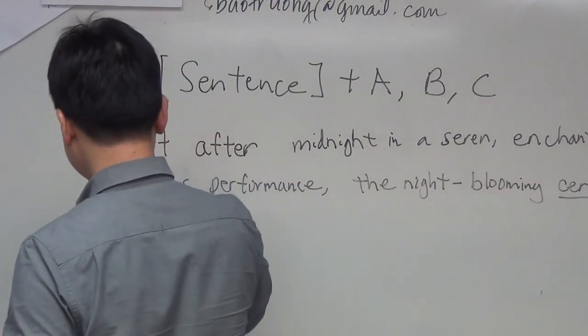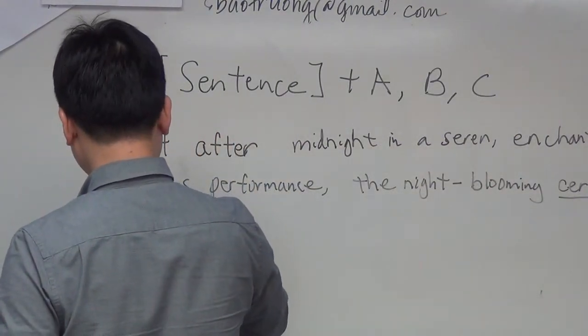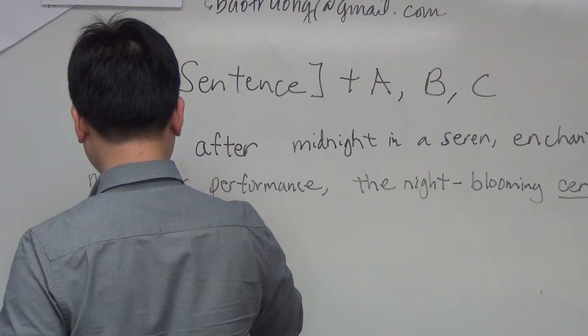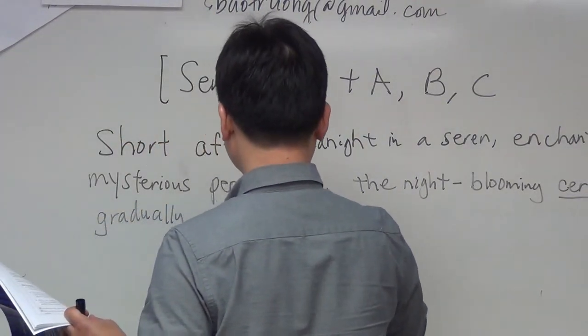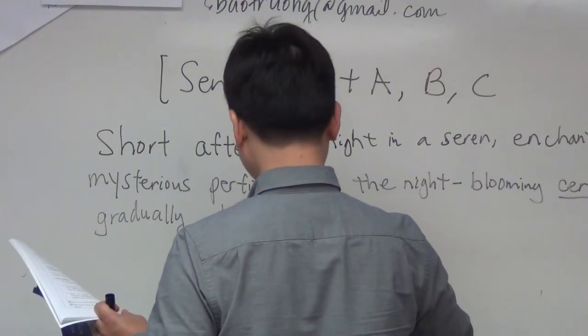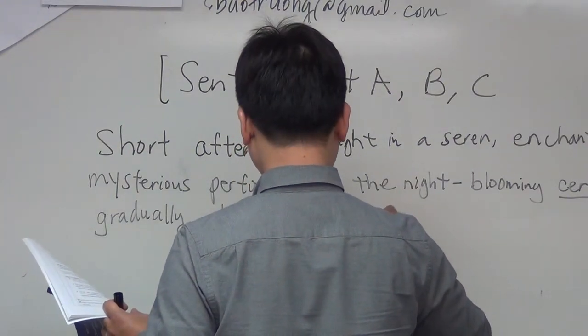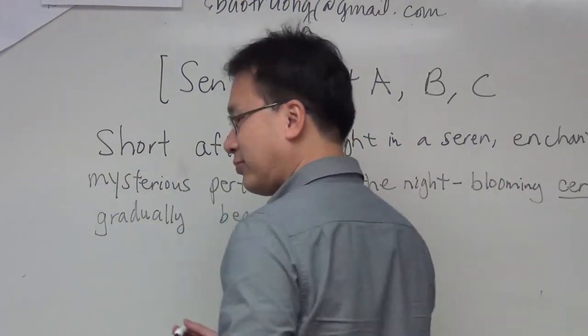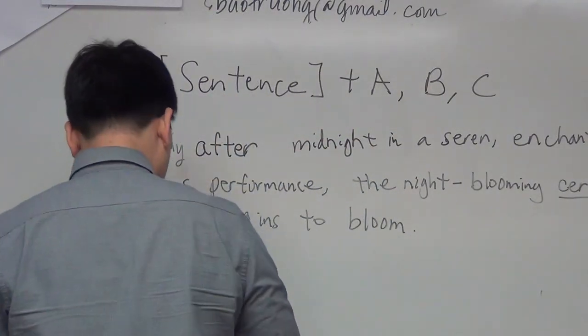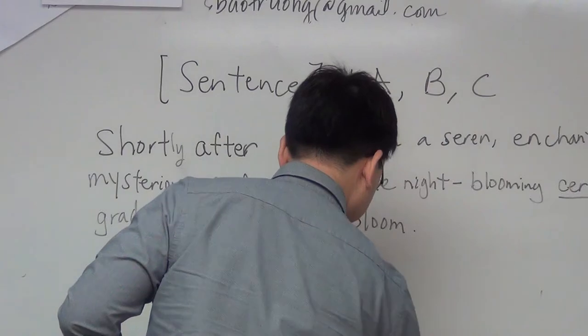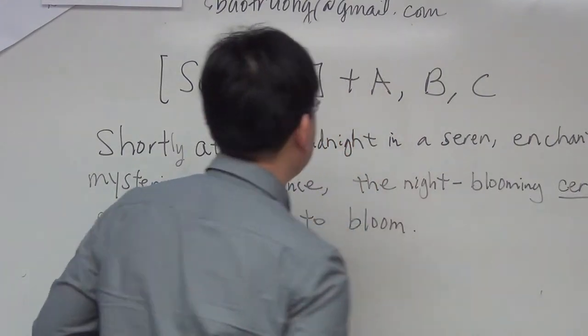Does anyone know what that means, without looking up dictionary.com? Gradually begins to bloom. What do you guys think it means? Is it like a plant or flower? Right? Shortly after midnight.